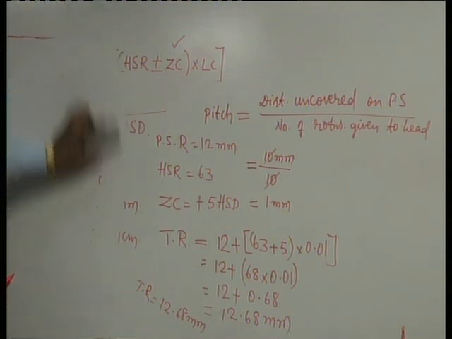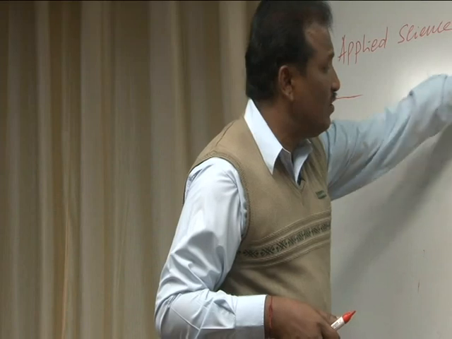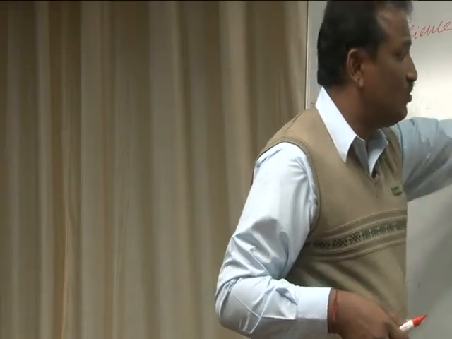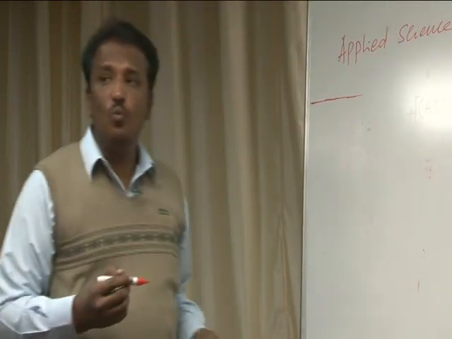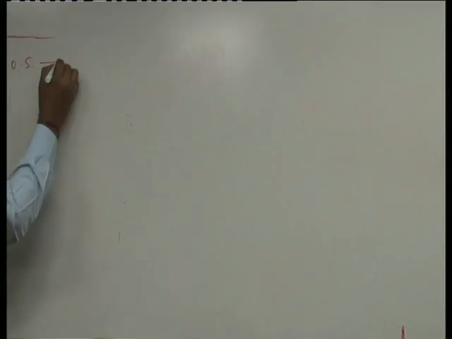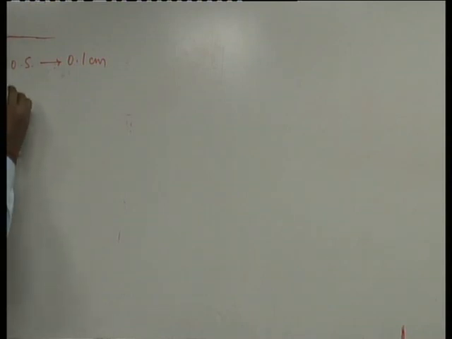In the case of a vernier caliper, the least count is 0.01 centimeter. And in the case of a screw gauge, it is 0.001 centimeter.